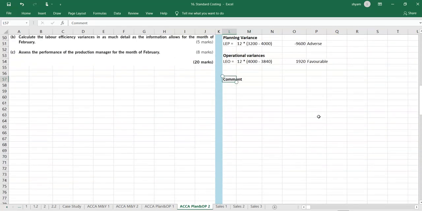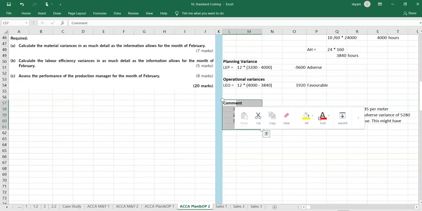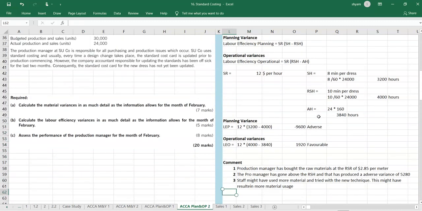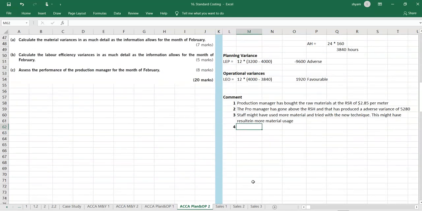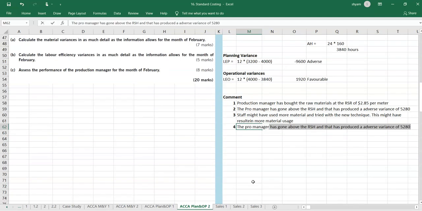We'll also get the comment for the labor variance. They have increased the time to produce by 800 hours, but still he has produced it within the time. So the production manager has been efficient in producing within the revised standard hour.